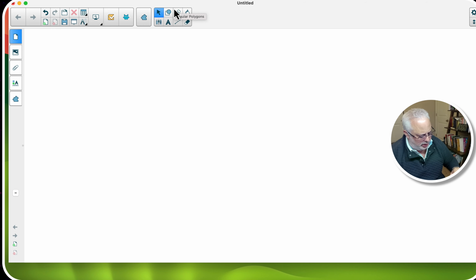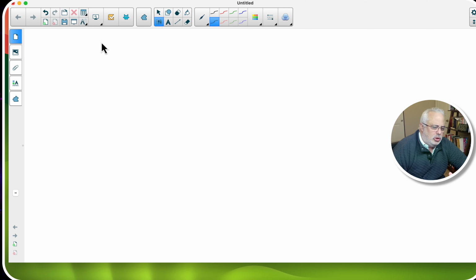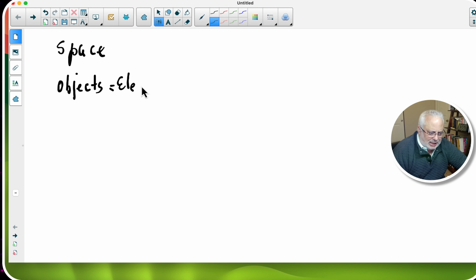I use the following ideas. I use the word space. I use the word objects. Objects can be elements. I use the word conservation.